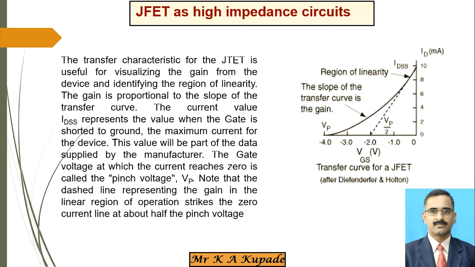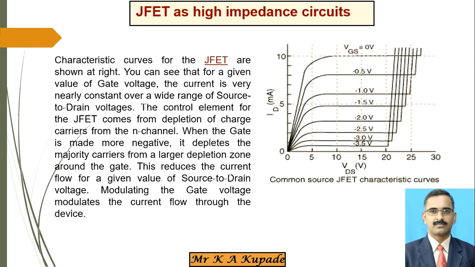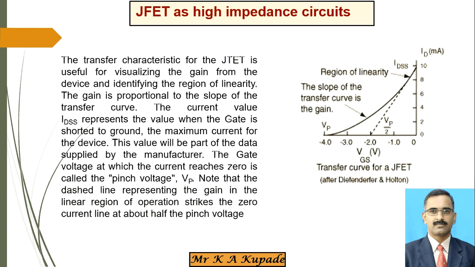For the sake of understanding, I explained these characteristics and the transfer characteristic, which is related to VGS, the gate to source voltage, and IDSS, which is considered for the VGS shorted to ground. And for the depletion region, as the reverse bias increases there is a drop in the ID current, which is explained here.